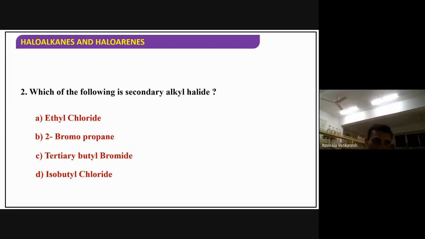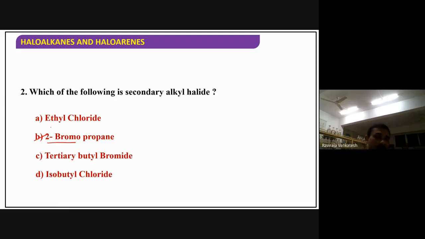Correct. Now remember, when we get 2, 3, 4 with a single substituent, then definitely it will be secondary only.